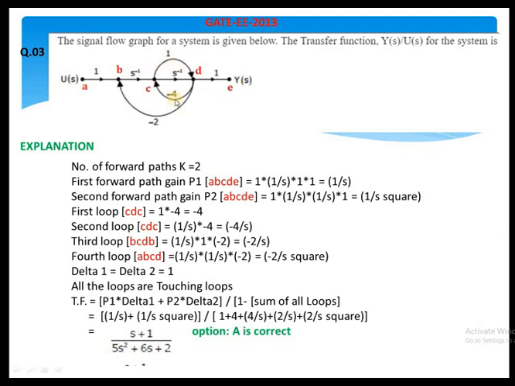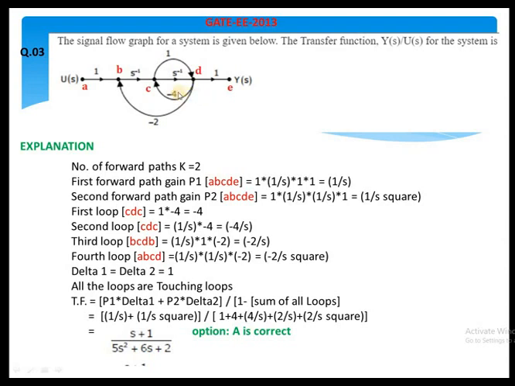One more loop is possible here, which starts from B and reaches C, and directly jumps to D with a gain value 1, and again comes back through minus 2 and reaches D. So minus 2 is the feedback here. And one more loop is also possible, the L4 loop, which travels straight from D to C and C to D with a gain value 1 by S and comes back through minus 2.